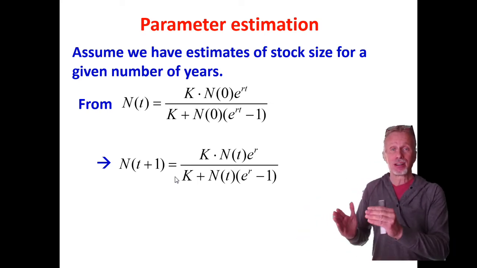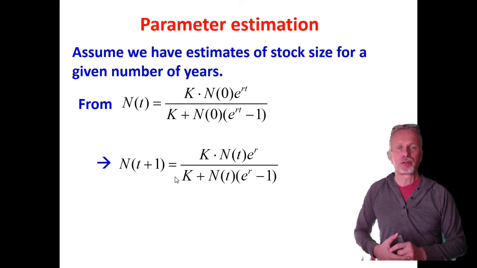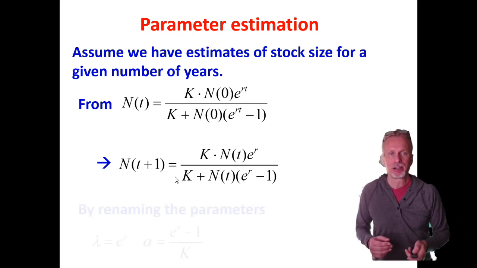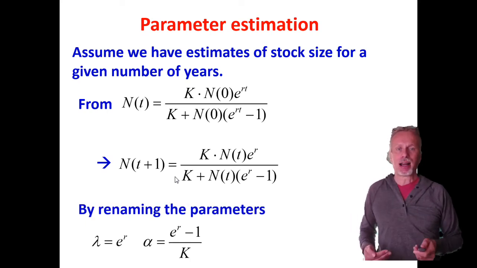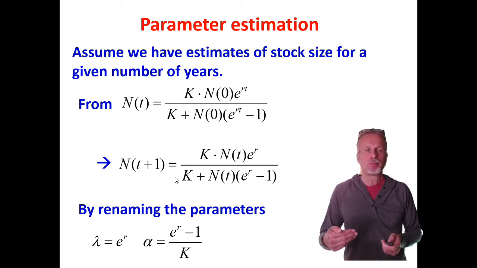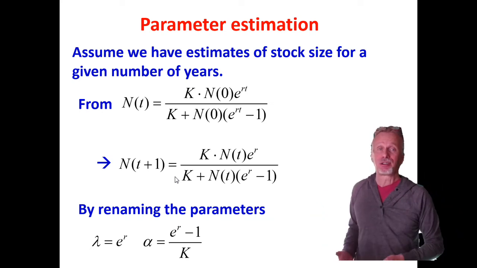So if we plot this on the graph that we just plotted, where we integrated the continuous time model through time, we would get exactly the same type of model. Okay, and then we rename model parameters, and so we say that lambda is equal to e to the power of r, which we have seen already is the finite growth rate at low population density.